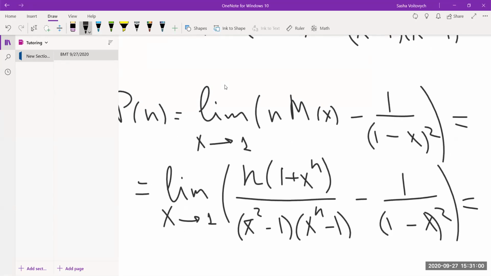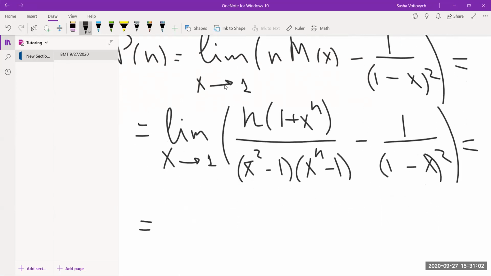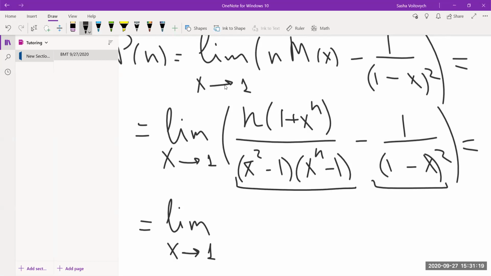All right, so this is equal to the limit as x approaches 1. We have x minus 1 squared here, and we do have x minus 1 squared in the denominator, because this part is divisible by x minus 1, and this part is divisible by x minus 1.